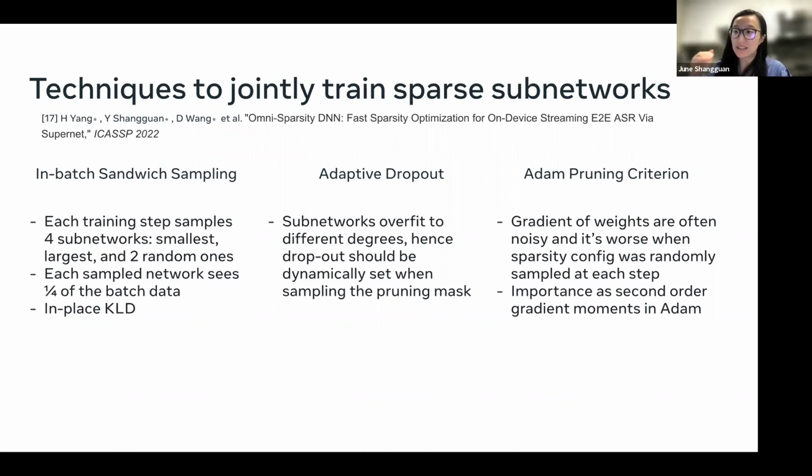So we scale that particular layer's dropout according to the sparsity at that time. Last but not least, we found that we can use the second gradient moment of the Adam optimizer to choose which weights to prune and which not to prune. And this has been huge. This fundamentally changes the quality of the model.